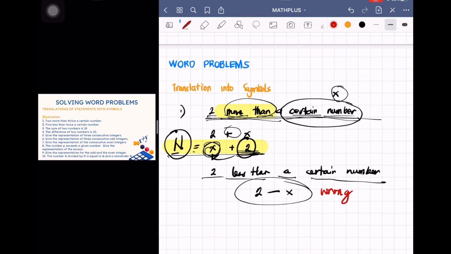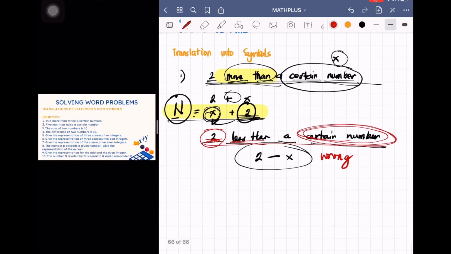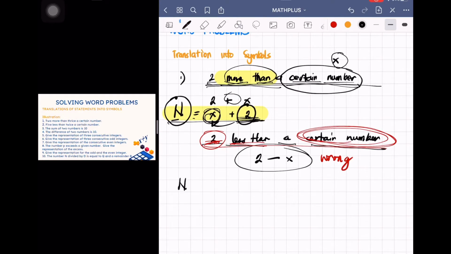Okay, because if you are going to translate the English statement to Tagalog, parang sinasabi niya na meron tayong number, 'di ba? Meron tayong number na ang halaga niya ay mas maliit, 2 less than a certain number, mas maliit doon sa certain number by a value of 2. So ibig sabihin, halimbawa, it should have been a certain number whose value is mas maliit doon sa x ng dalawa. So babawasan mo si x ng dalawa.